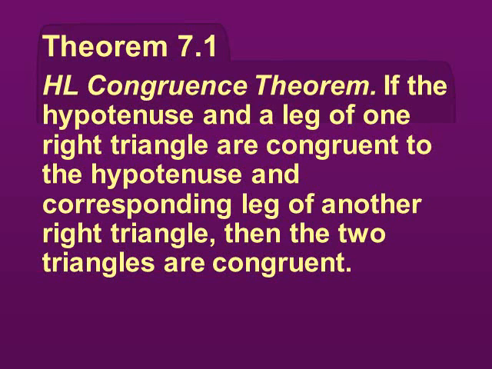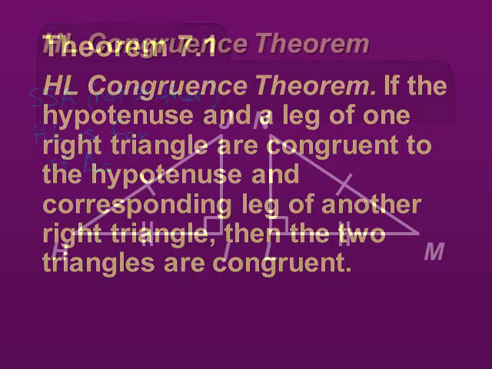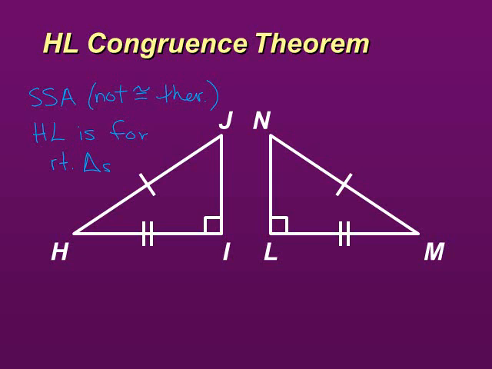If you think about that closely, you basically have a side-side-angle. The angle you have is the right angle. As you hopefully remember, side-side-angle is not a congruence theorem or postulate. But hypotenuse-leg is a congruence theorem for right triangles.